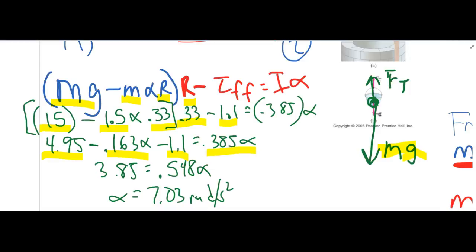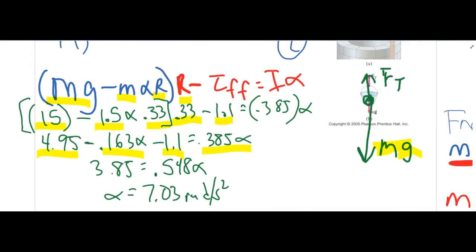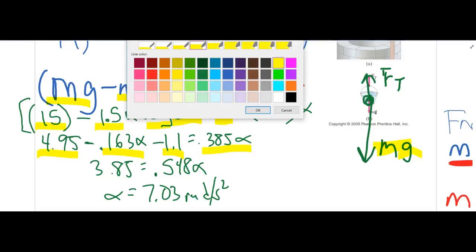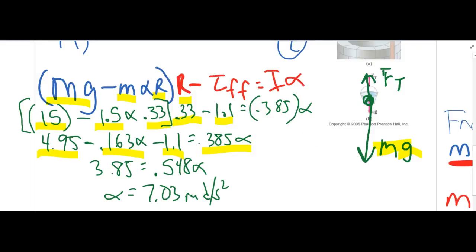And I end up with an angular acceleration of 7.03 radians per second squared. So I have that. Now what I can do is find a. I know the relationship between linear and angular: I can take any angular term and multiply by R and get the linear term.